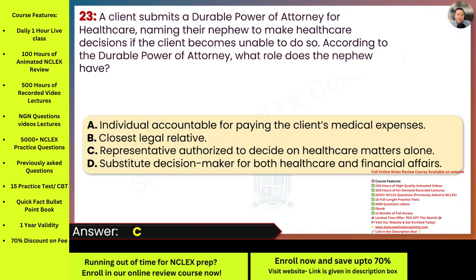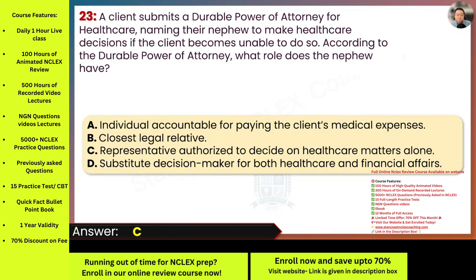Letter D is also incorrect. It's because the durable power of attorney for healthcare is a separate document from a general financial power of attorney. And the healthcare power of attorney only covers medical choices, while a separate financial power of attorney would be needed for handling the money, paying the bills, or managing the assets.